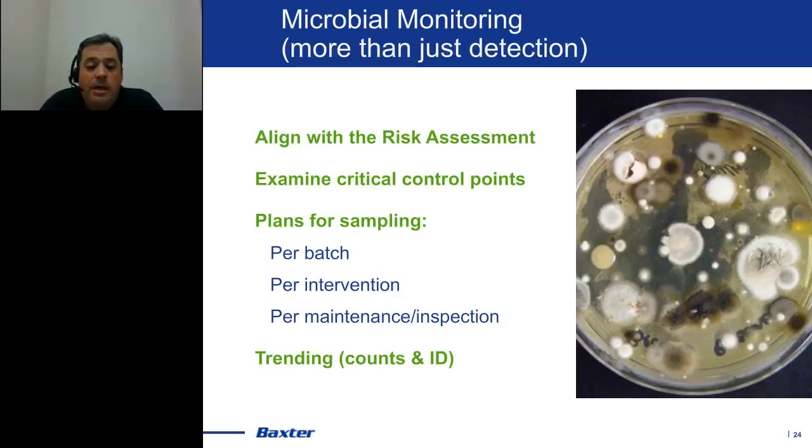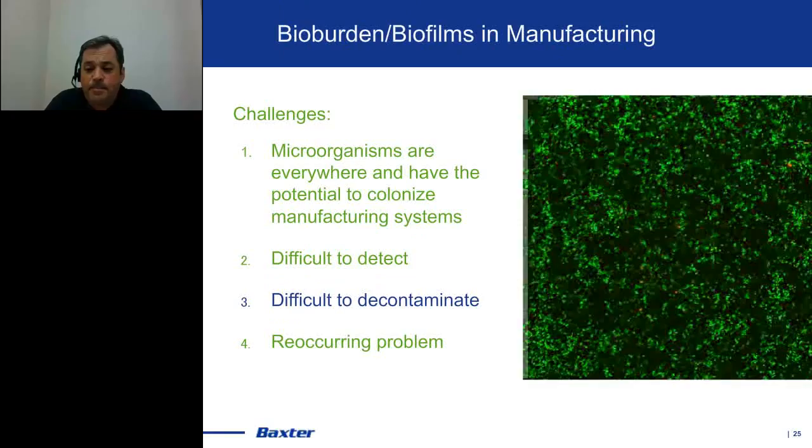After you put the system back together, do you do some sampling to make sure that there was nothing introduced as far as contamination during that maintenance? And then trending. To me, this is one of the most important parts because, as I mentioned before, a single point only gives you a snapshot. It doesn't really tell you if you're in control. So understanding those counts over time, and making sure you understand what type of microorganisms are involved over time.